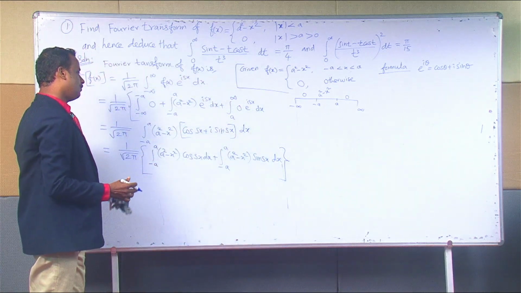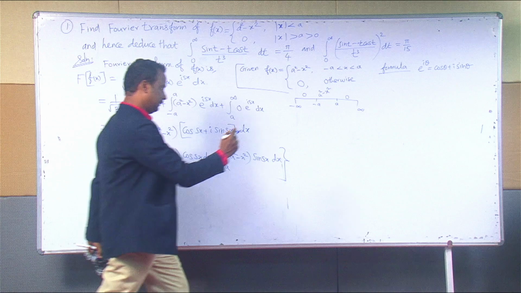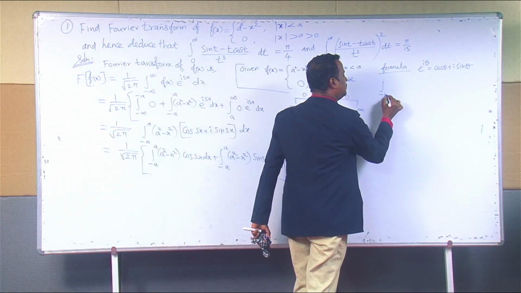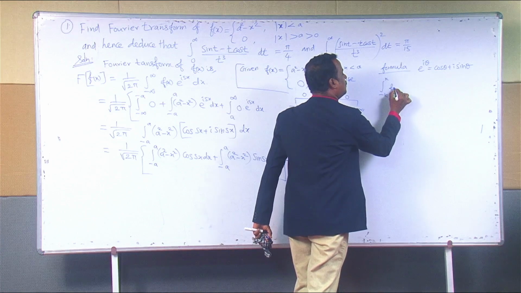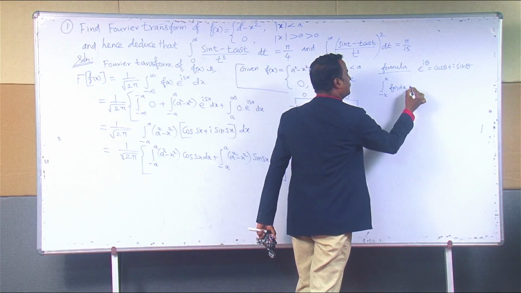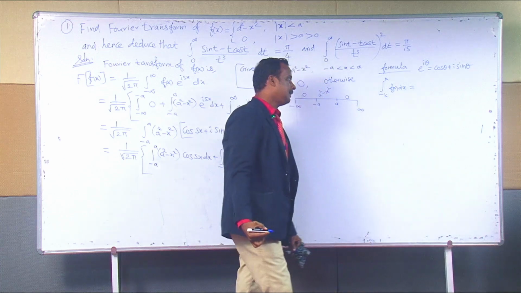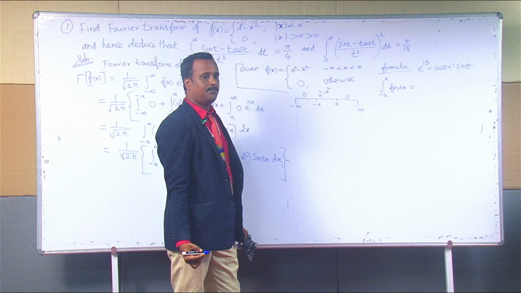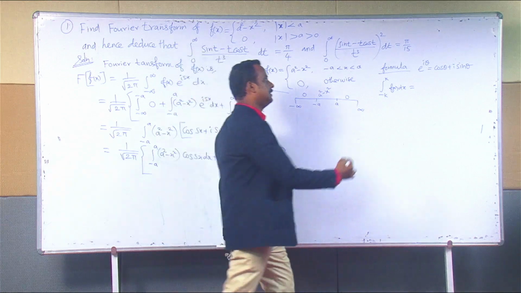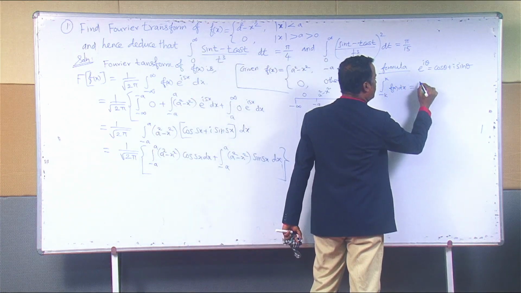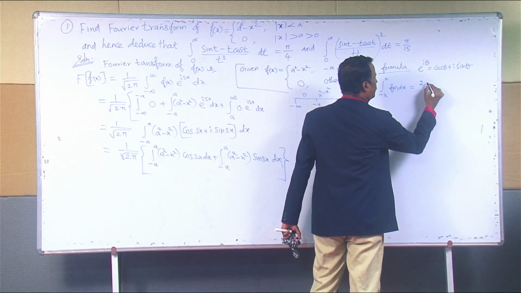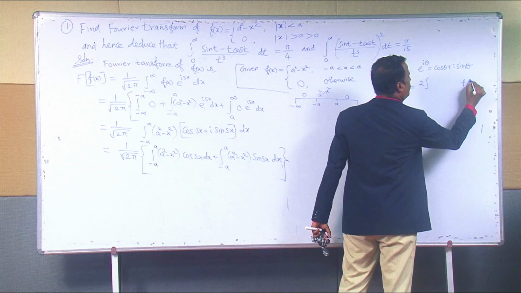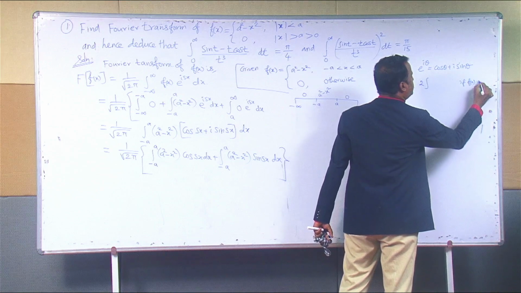Now, we know one formula, right? The definite integral from minus k to plus k of f of x dx, for any function f of x, can be written in two ways.